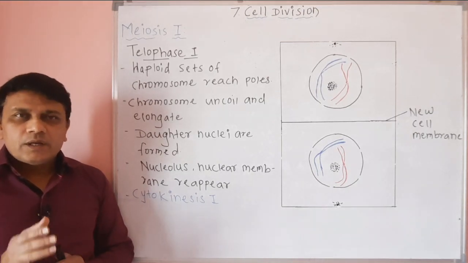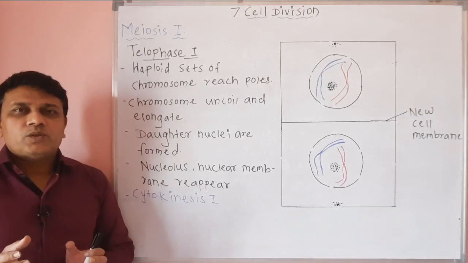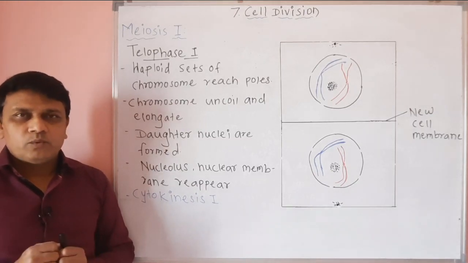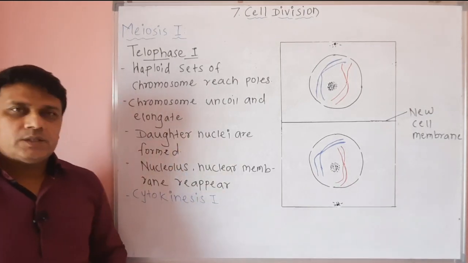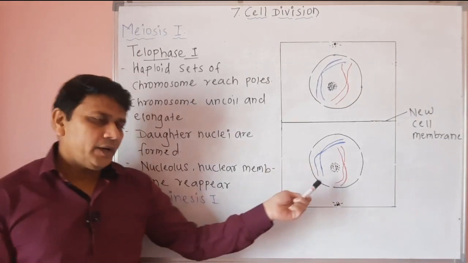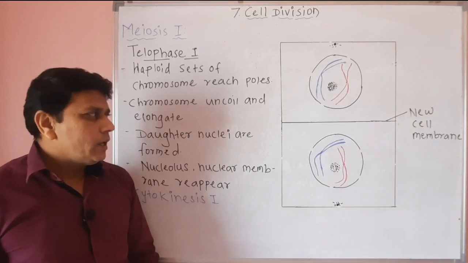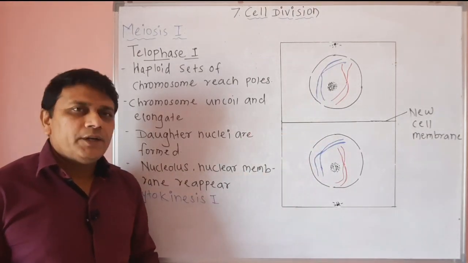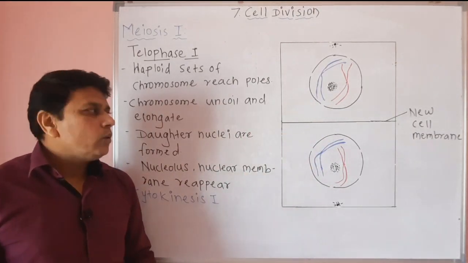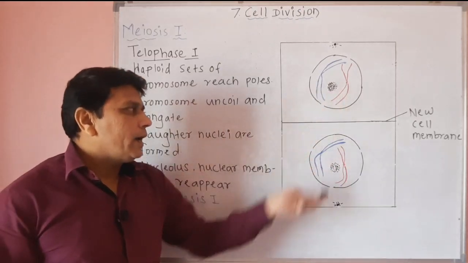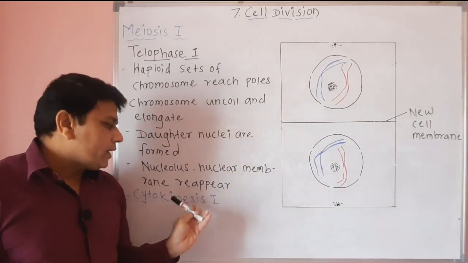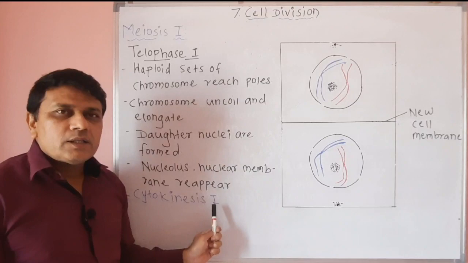In anaphase an equal number of chromosomes are dragged towards the poles, and in telophase the nuclear membrane and the nucleolus reappear, the chromosomes are equally distributed and 2 daughter nuclei are formed, and simultaneously cytokinesis occurs.